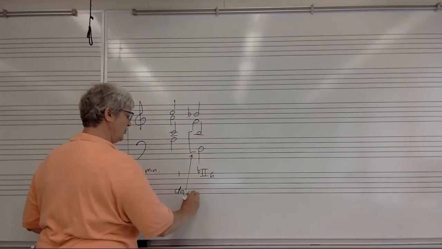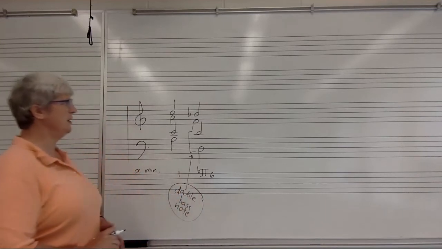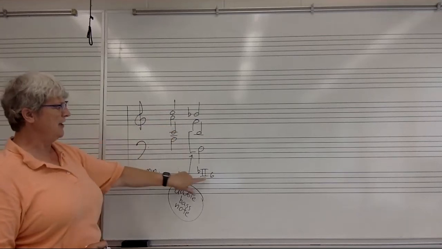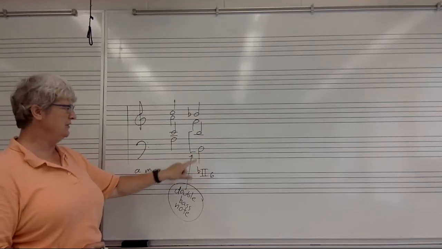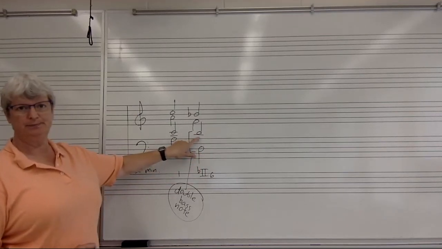Even if it's in root position, you still double the bass note. So you want the upper voice to have a complete triad, and then if it's a first inversion chord, you put fa in the bass. If it's a root position chord, you put another B flat in the bass.